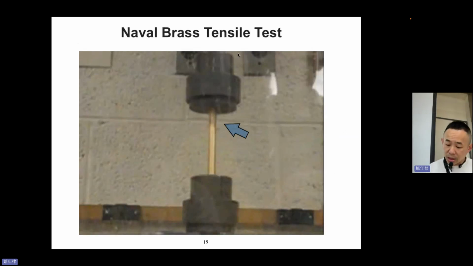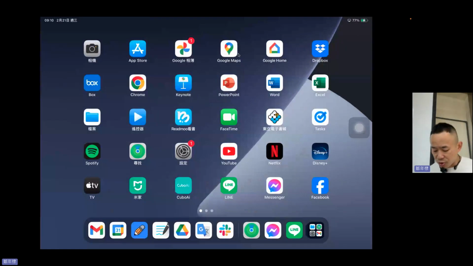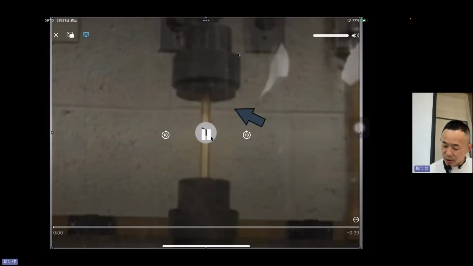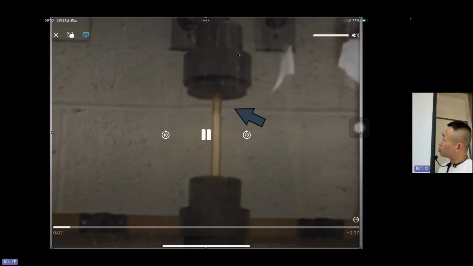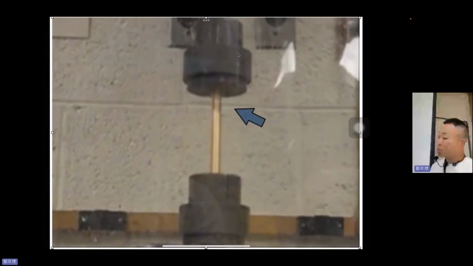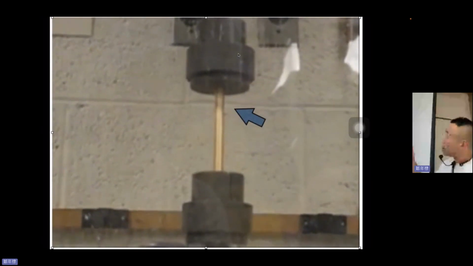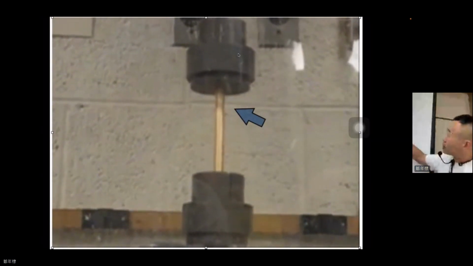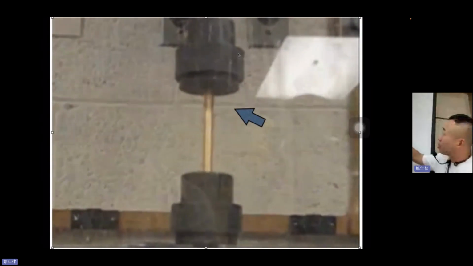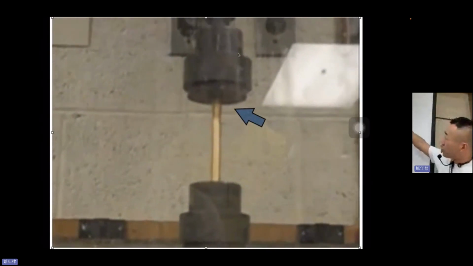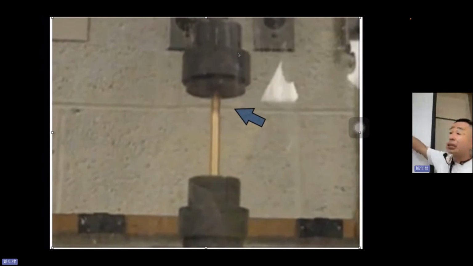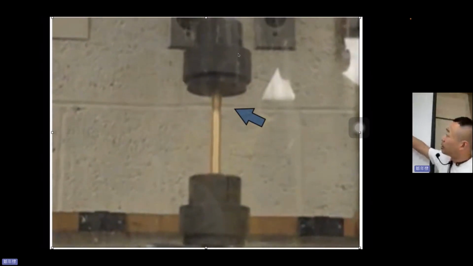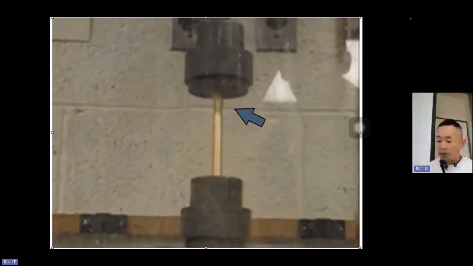And then this is the tensile test. I believe you saw some videos like this. When you do the tensile test on the bar, you see it shrink, which is called necking, and then it will break eventually.